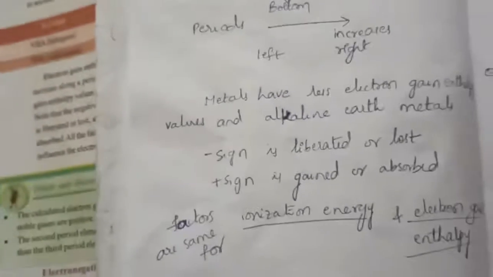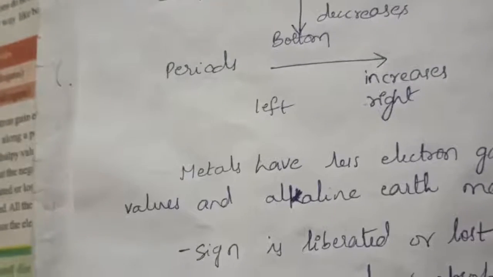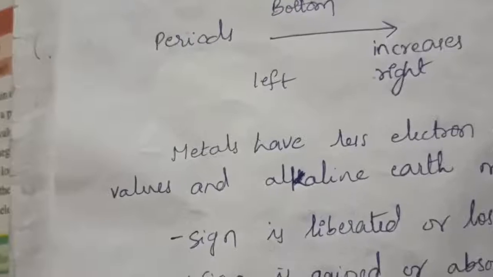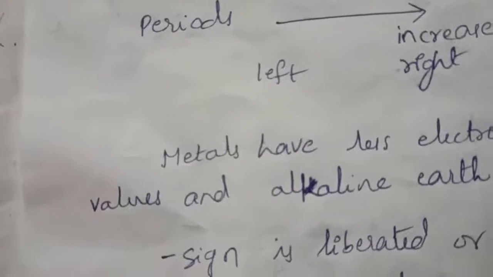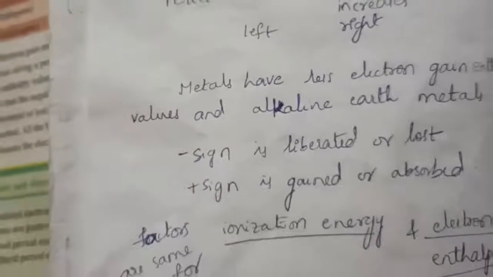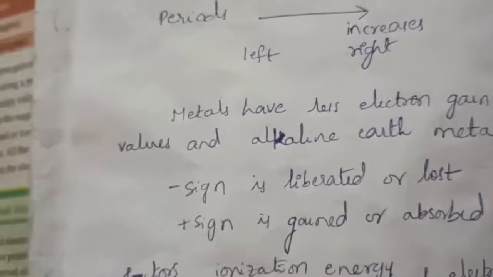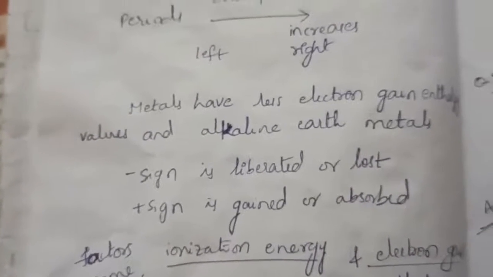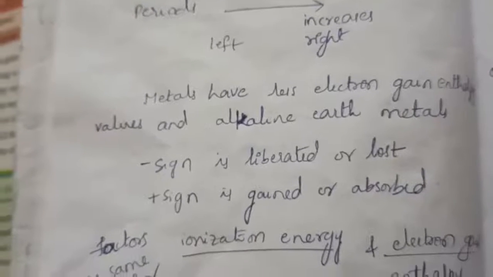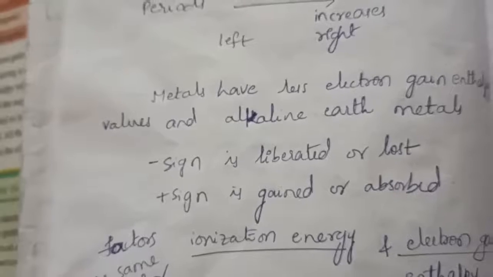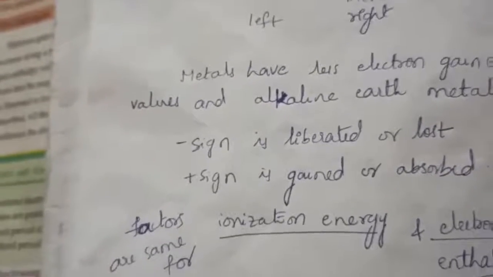A negative sign indicates liberation or loss of energy, and a positive sign indicates absorption or gain of energy. Ionization energy and electron gain enthalpy have the same factors; both decrease down groups and both increase from left to right across periods.